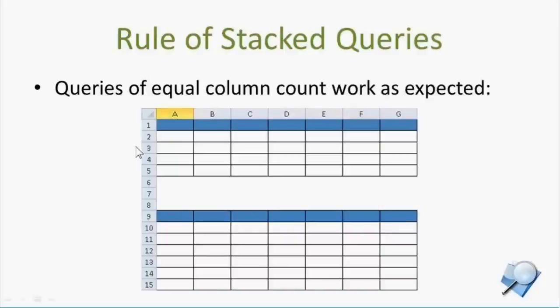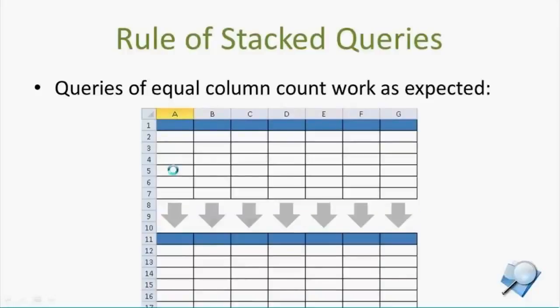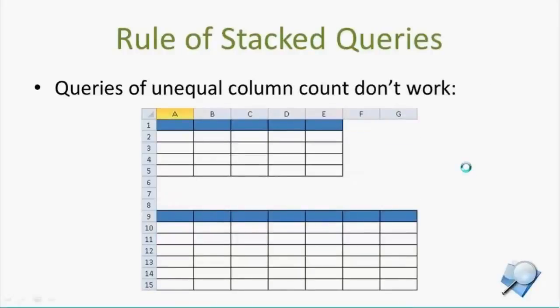So in a case like this, the query on top has 5 rows. And when I refresh the data, if more rows need to be added, it pushes the other one down the appropriate number of rows. So that works just fine. Where this can break is if we have an unequal number of columns. And this is pretty easy to address.